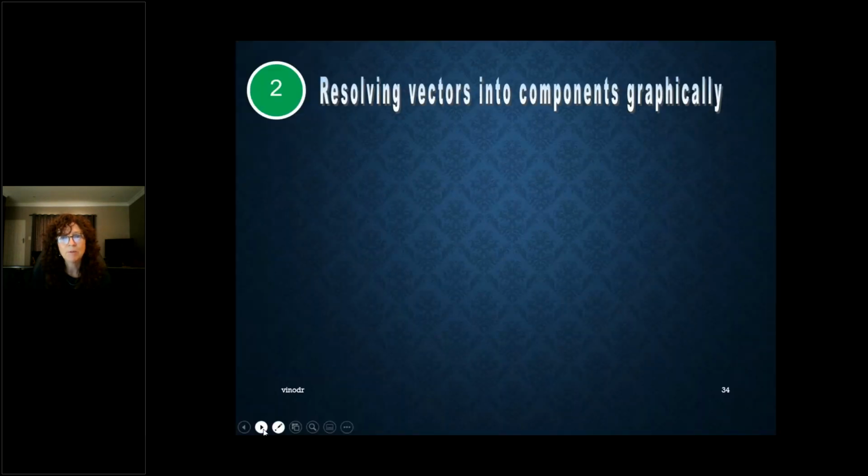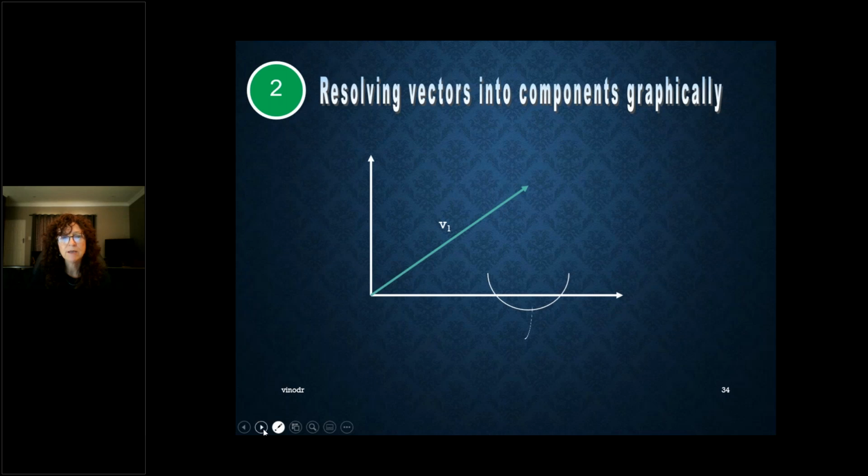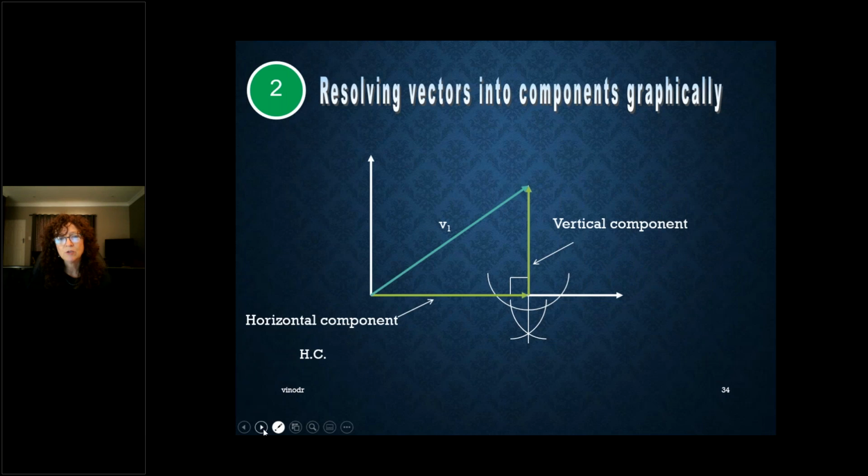Resolving vectors into components graphically. As you can see here, this is not something that you will do anymore in grade 12. You don't have time in your papers. So please don't try to do something graphically, except if they ask you, but it's not likely that they will ask you to do a graphical resolving of vectors.